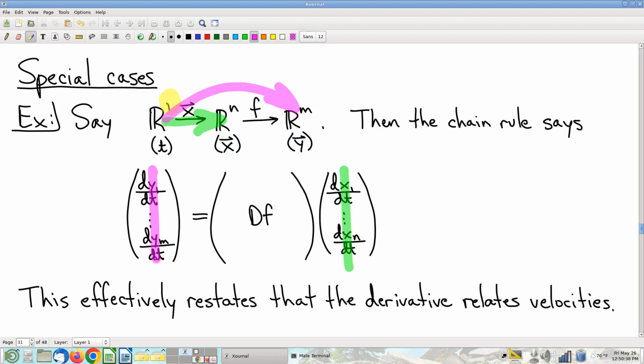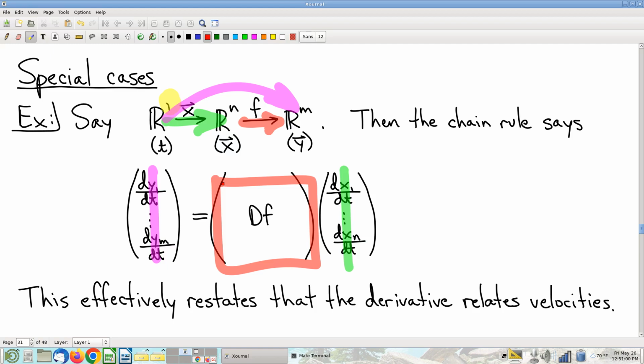Yeah? So altogether then, if I look at the function f, its derivative matrix goes here, and think of this as a statement about what the df matrix does, and it turns this green vector into that purple vector.